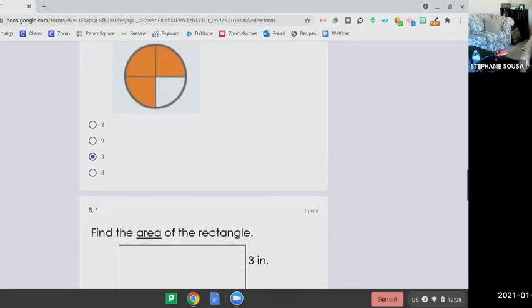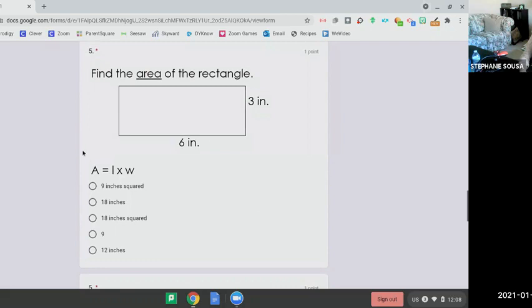Okay. Number 5, find the area of the rectangle. We have a reminder that area is length times width. Our length is 6 inches. Our width is 3 inches. I talked with our DMR creator and they have created and checked their labels.